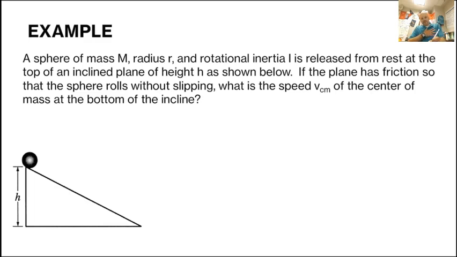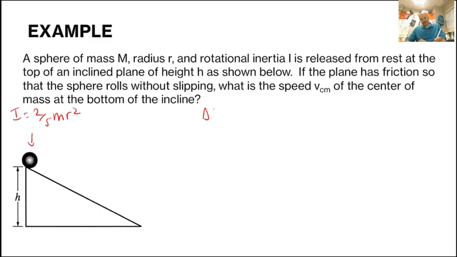The good thing is they only say I. But you can also note that if they want anything other than I in your answer, this is simply 2/5 mr squared as a rotational inertia, and we're going to apply that here. This is a conservation of energy problem.